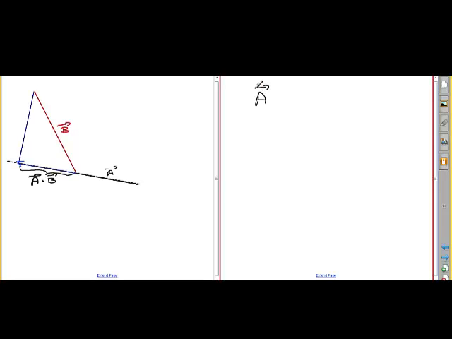But let's go back to the general case of a three-dimensional vector. So we've got this again. We have three components: the x, y, z direction. You've got vector b.